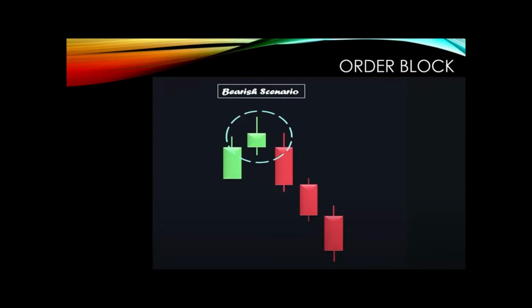This is the bearish scenario, which is the opposite of bullish. They try to push the market to the upside, creating this last upward move, this last candle that took the liquidity of the previous candle, basically taking the stop losses of the traders, moving the market to the downside, breaking this structure, thus making this a bearish order block.